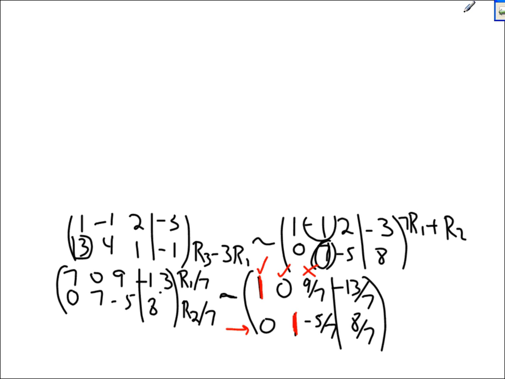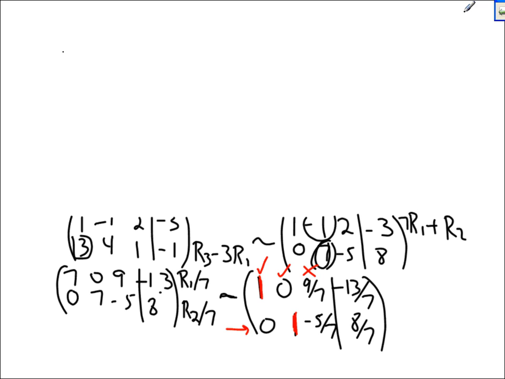Column 3 does not. So the variables are x, y, and z. Remember, we were trying to solve for x, y, and z. Oops, I erased that equation. We're trying to solve for x, y, and z. So z is some arbitrary number. Z is equal to the number t.